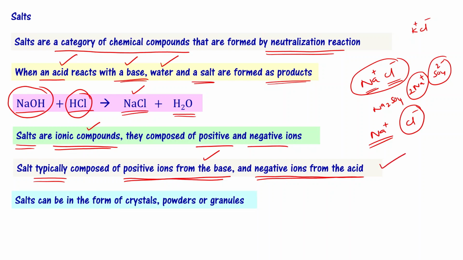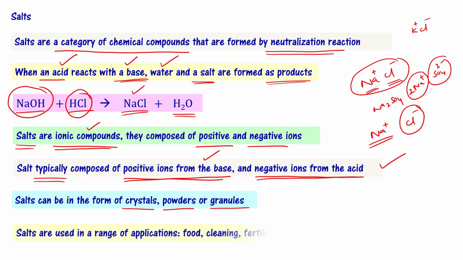The salts can be in the form of crystals, powders, or granules. For example, NaCl, we know NaCl is going to exist in crystal form, right? Like that, for example, you can take a look at bleaching powder. It may be in the powder form. Salts are used in range of applications.